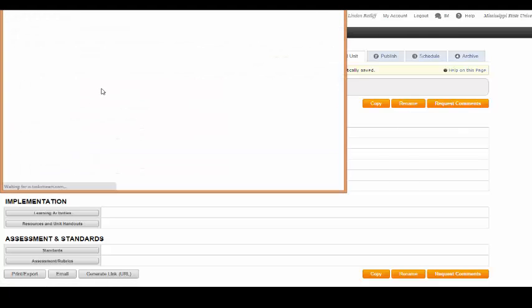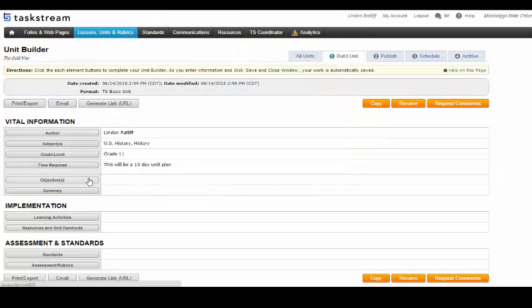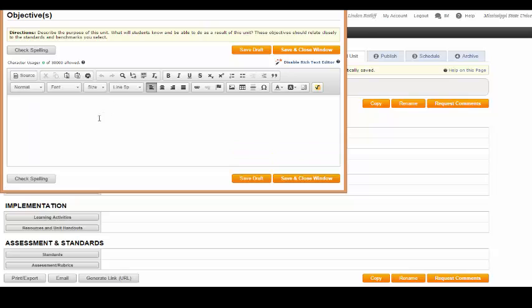Time required. Objectives. The student will understand the causes of the Cold War with 70% accuracy.